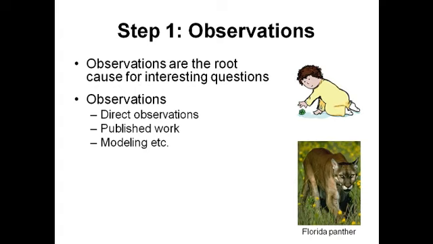You can directly observe things using your naked eyes, your 5 senses, and sometimes you can observe using published works. So basically, read more. When you read more, you will come up with more questions, and sometimes you can do dynamic models to generate questions. All of these methods which generate questions are methods of observation, right? So let's discuss some examples.